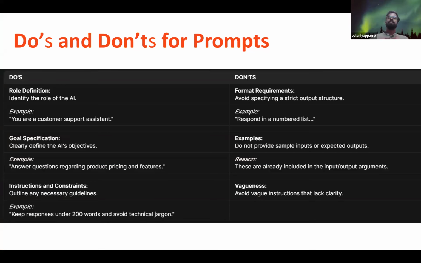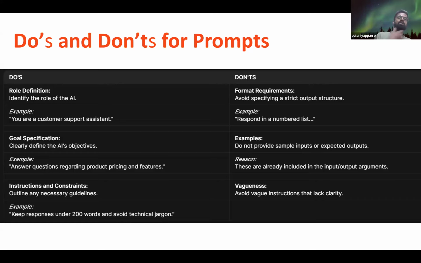So when you're writing a prompt to build agentic AI solutions, there are some do's and don'ts. It is just simple natural language or text, but still it needs a way to approach it. Let's look at the do's. When you are writing a prompt, you can give a role to that AI. Let's say, you are a customer support assistant.